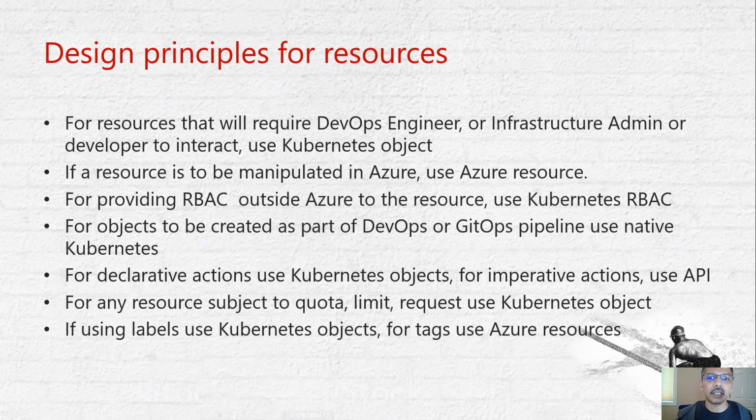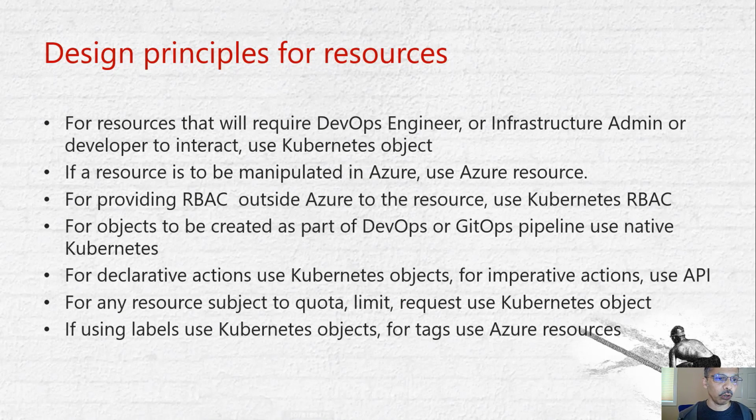So what were some of the design principles that we used around resources? For resources that require a DevOps engineer, infrastructure admin, or developer to interact, we put that into Kubernetes. For a resource that's manipulated from Azure centrally, for inventory or deployment, we created an Azure resource to reflect that resource that is in Kubernetes.